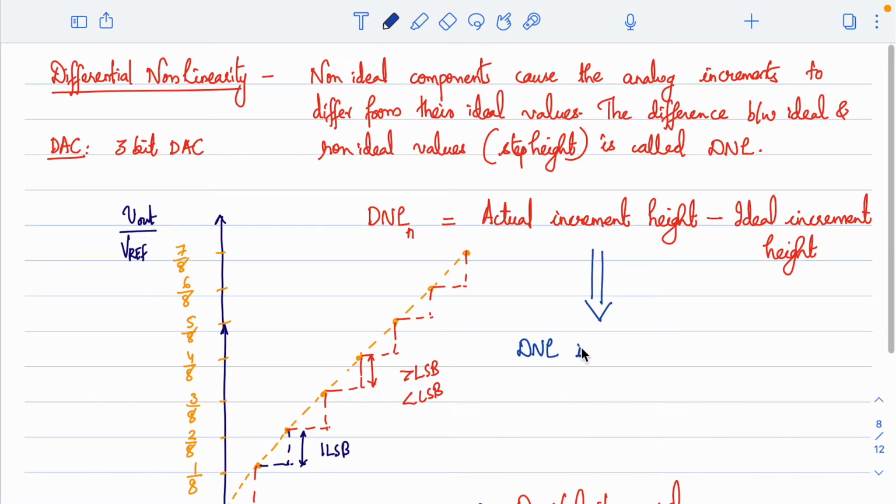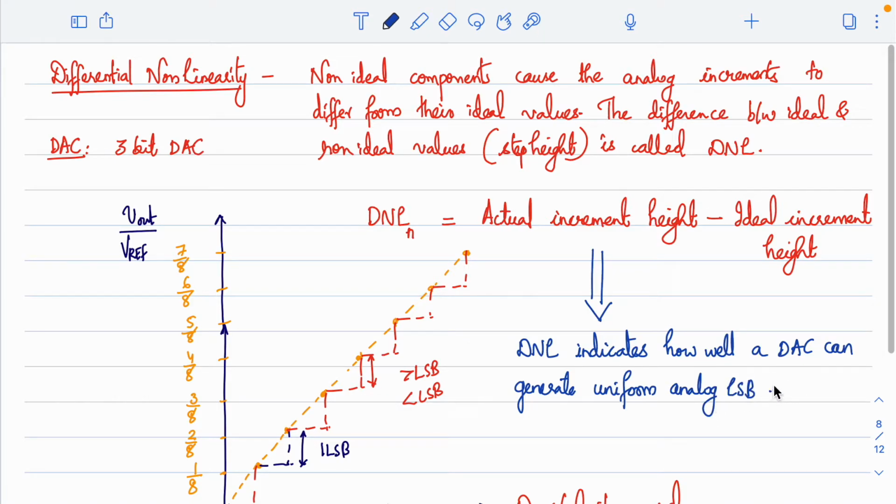DNL indicates how well a DAC can generate uniform analog LSB multiples.